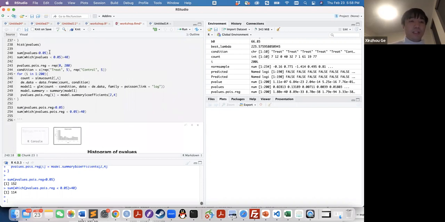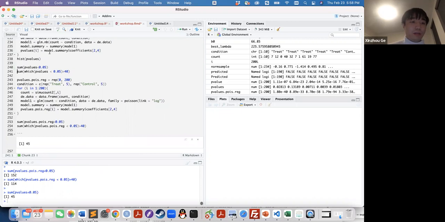If we use negative binomial regression, the number of false discoveries is still okay, not so large. But if we use the Poisson regression, we can see that the number of discoveries is too large, and the number of false discoveries is also too large. And this is the effect of using an incorrect model. So here we know that all the counts are from a negative binomial distribution. I know it because I generated the data myself.